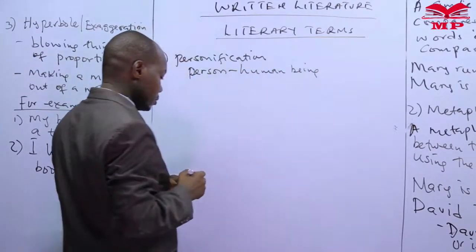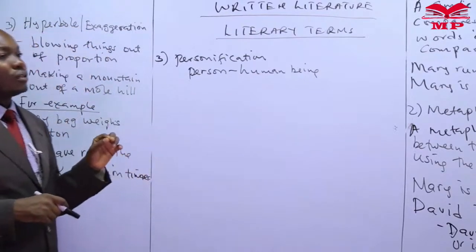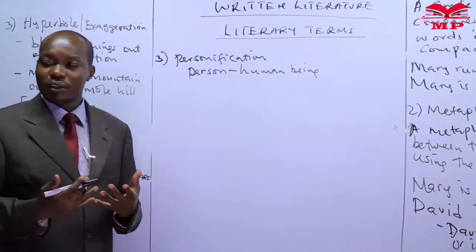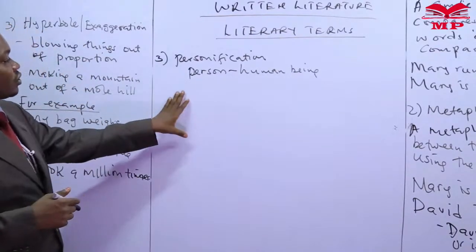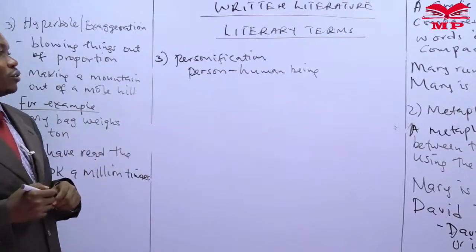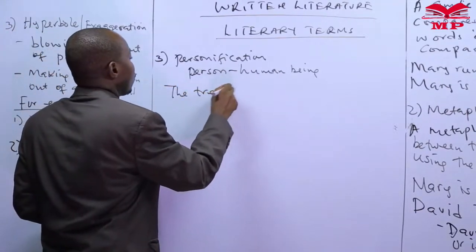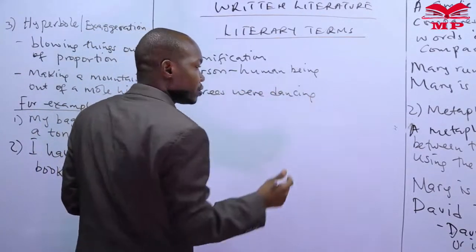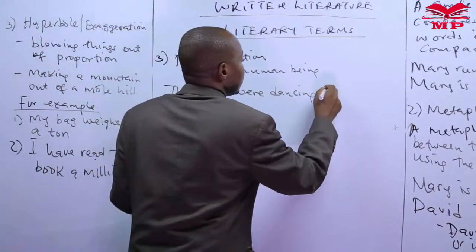Now, when you give non-human beings, anything that's non-human, the quality of a human being, we call that personification. For example, you say the trees were dancing. The trees were dancing in the strong wind.